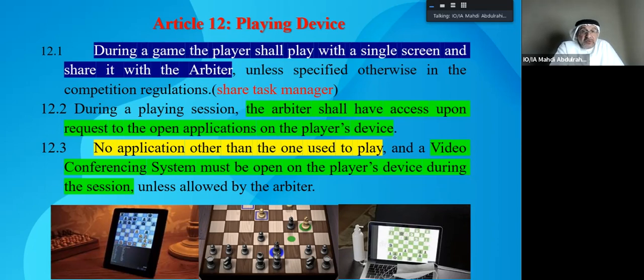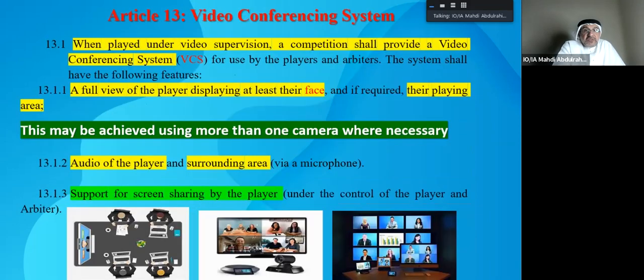And a video conferencing system must be open on the player's device during the session, unless allowed by the arbiter. With the video conference system, we have a full view of the player's display, at least their face. We can see the face very well, not only half body or half head, no, the whole face must be clear to the arbiter, and they may achieve this using more than one camera where necessary.